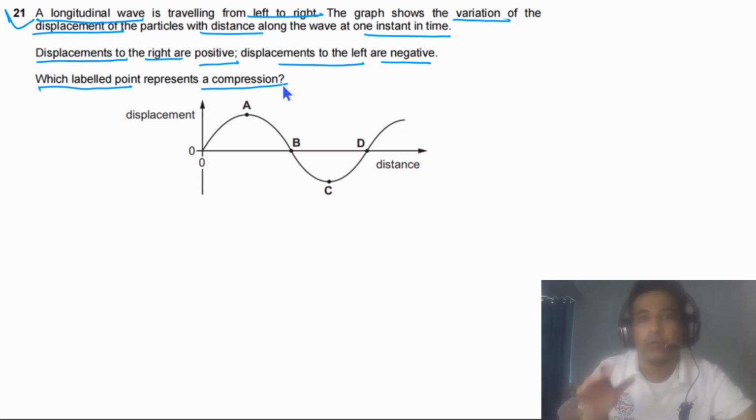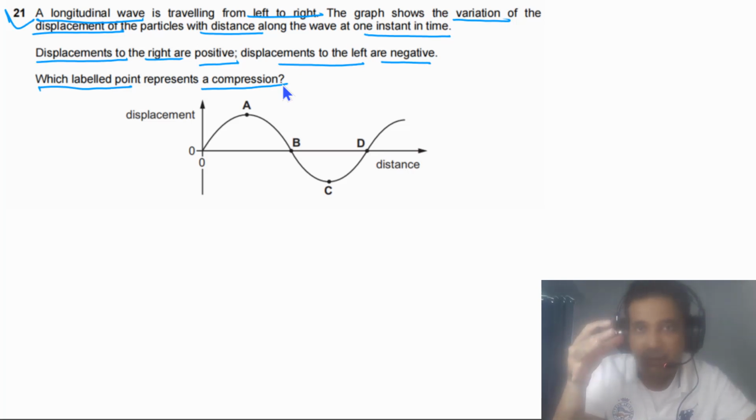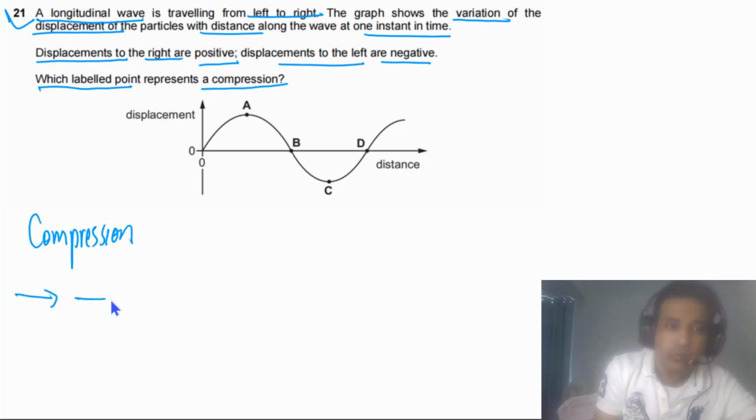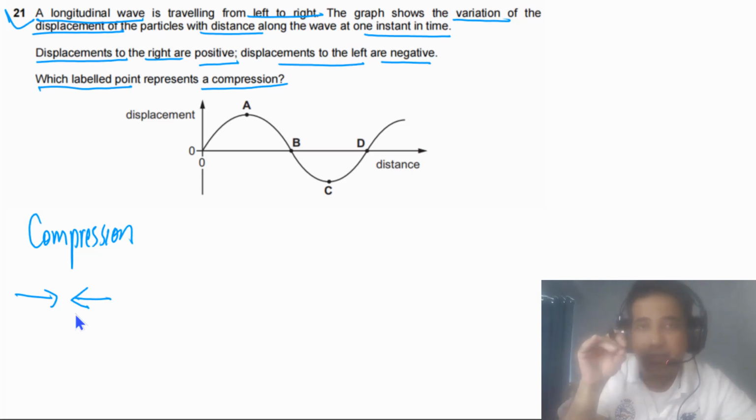First of all, we need to understand what is compression and what is rarefaction. Compression is simply a region where particles are moving towards each other. That region we call compression.